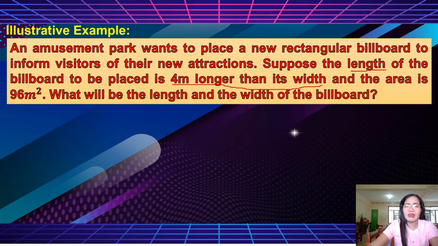Now, if you are going to solve for its dimensions, then automatically you are going to let x be your width. Since we already have our width, it is stated here that the measure of your length is 4 meters longer than its width. Take note, if you see the word longer in mathematics, you translate it to addition.